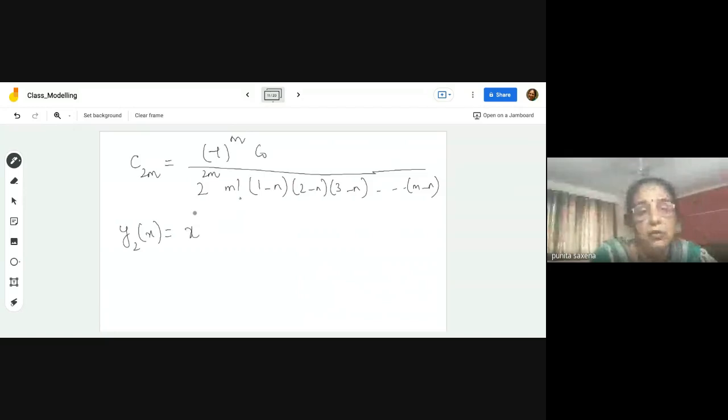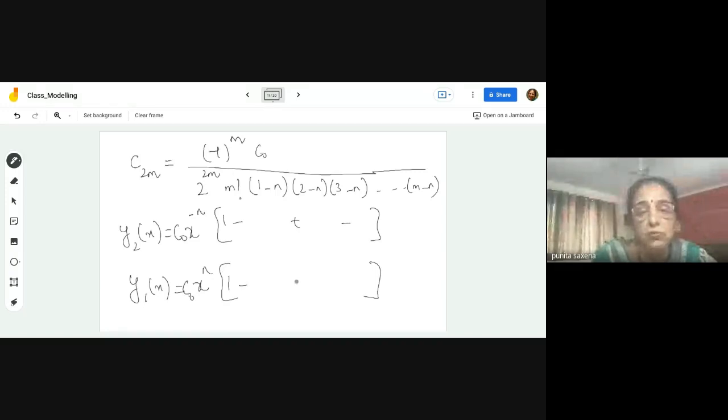So y2(x) will be now, so basically your solutions, you see, your y1(x) is going to be x to the power n into some summation, and y2(x) is going to be x to the power minus n into some summation, and of course c naught outside. Okay, so you're going to have 1 minus, then plus, then minus.